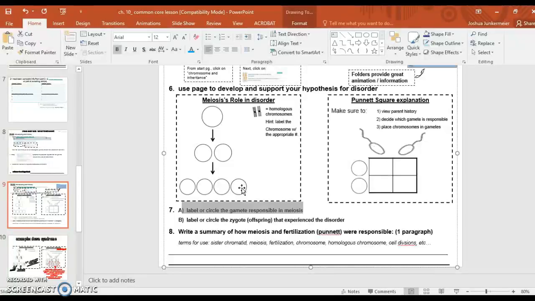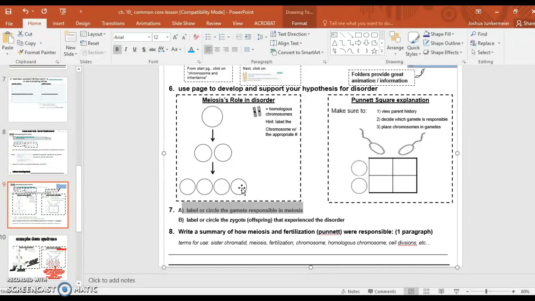But one of the parents you should be able to blame. Again, it's a hypothesis. You would never tell a child that their parent caused them to have a syndrome, but as scientists, we can form hypotheses about what we think might have done that, or we can infer, based on what we've seen and studied, what parent probably is responsible.